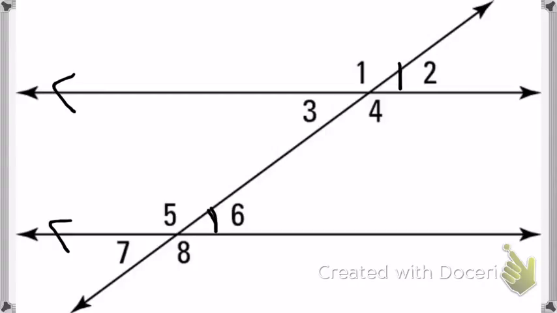We know this because if we were to make this into a right angle, and then make this into a right angle, these would be similar triangles. We already have this angle in common for both of them, and we know that these are both right angles.